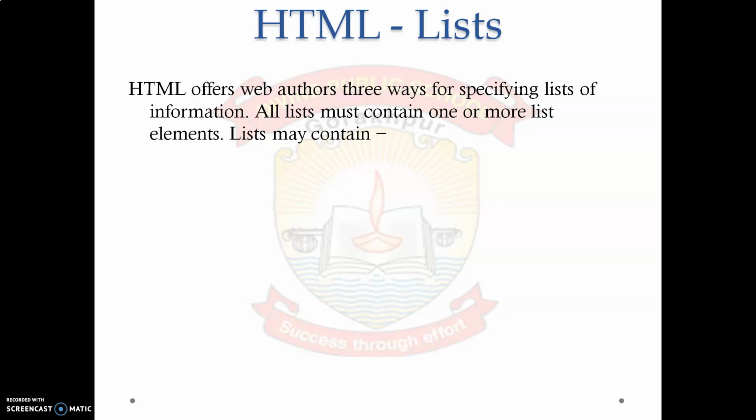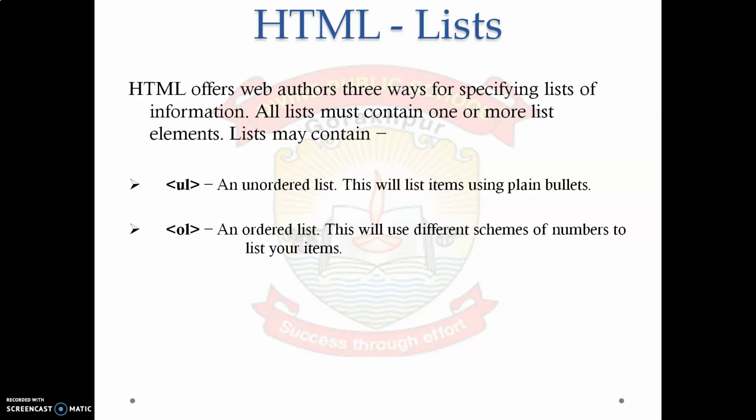A list may contain UL, which means an unordered list. This will list items using plain bullets. Second one, OL, an ordered list. This will use different schemes of numbers to list your items.